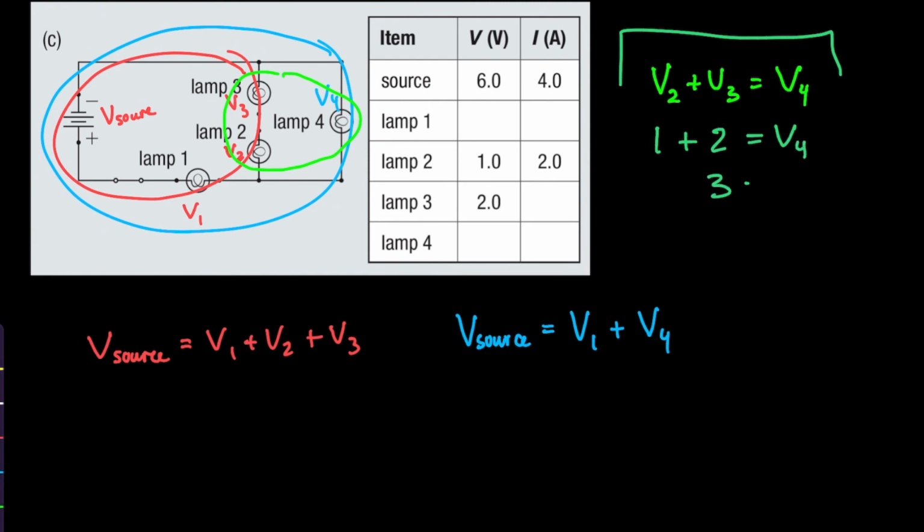So V4 should be equal to 3 volts. And then we have that the voltage at the source, which was 6, equals V1 plus V4, which we now found to be 3. So 6 minus 3 will be V1, so 3 volts.